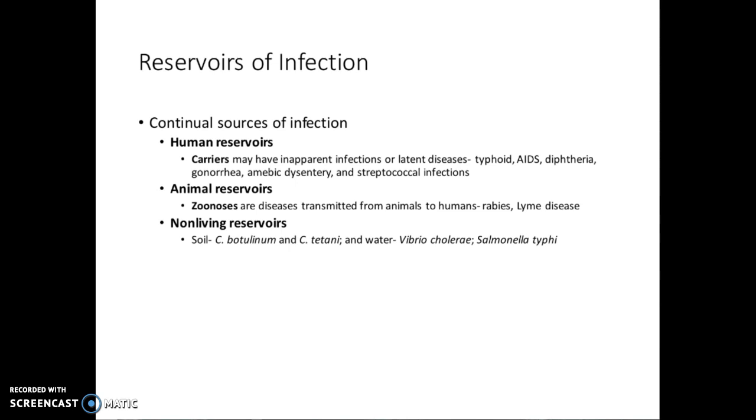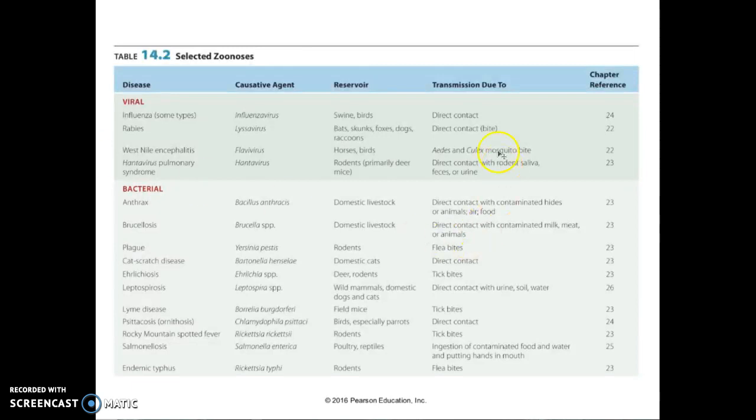So these next few slides are a list of organisms, and I'm going to have some matching on the next exam. So it's a good idea to familiarize yourself with the disease, the causative agent, and the reservoir itself. Also, the mode of transmission. So each one of these, as I was mentioning previously, will be matching on the next exam.